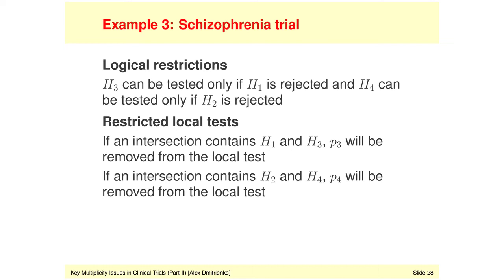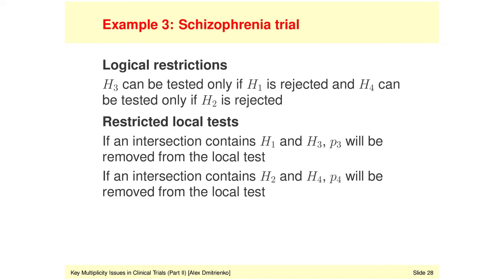Specifically, H3 can be tested only if H1 is rejected, and likewise H4 can be tested only if H2 is rejected. To incorporate this set of logical restrictions and define appropriate restricted local tests, all we need to do is to apply a fairly simple set of modifications.